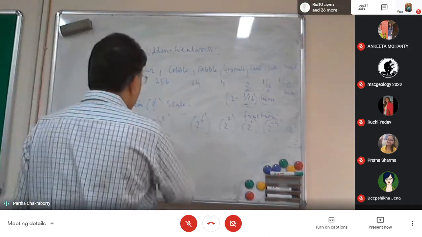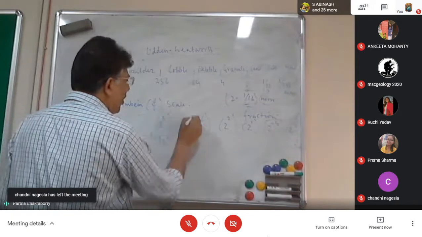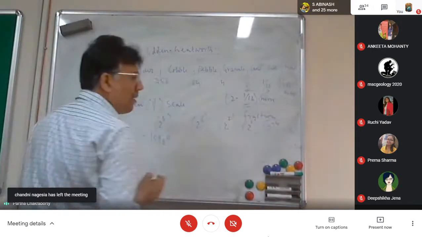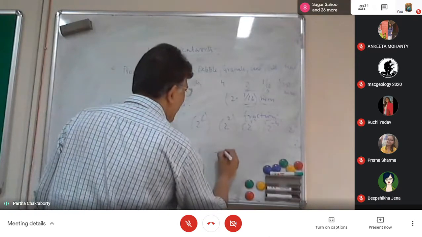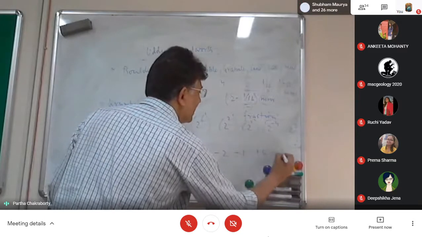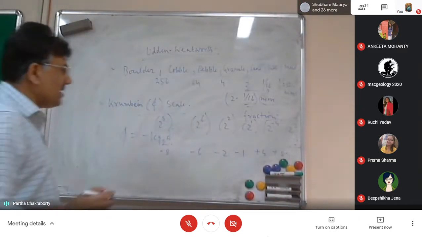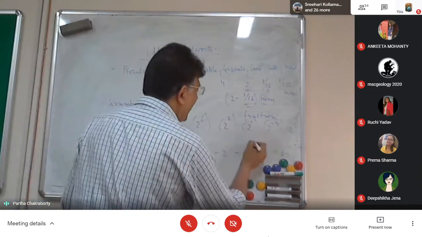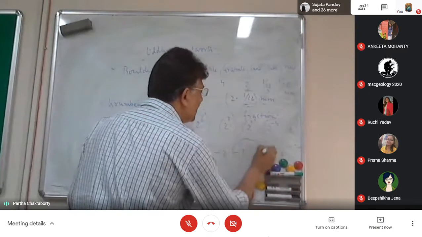Because when you transfer all these different values which are powers of 2, this becomes minus 8, minus 6, minus 2, minus 1, plus 4, plus 8. So the maximum grain sizes become positive integers.